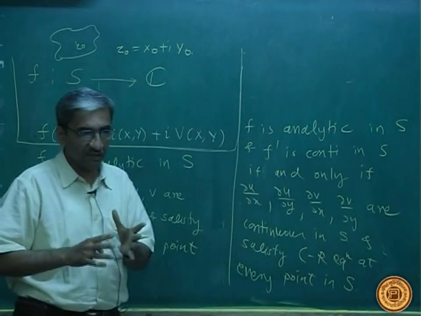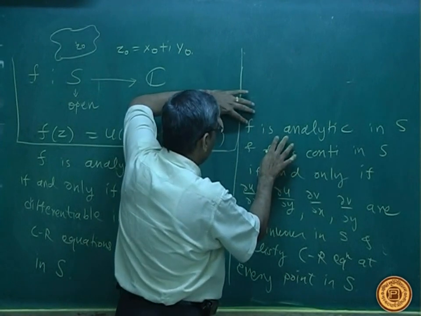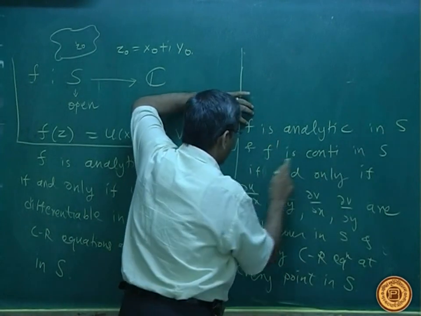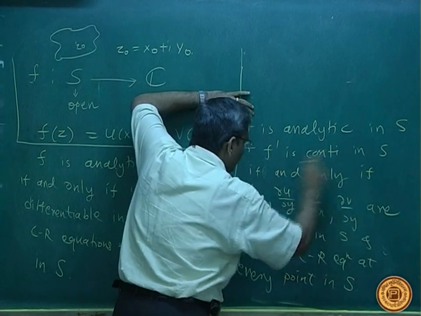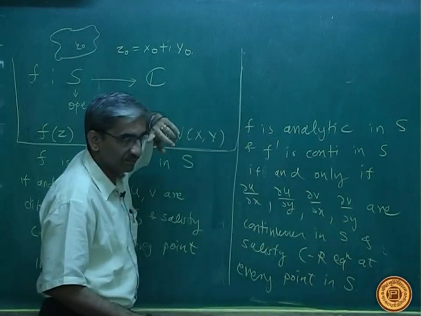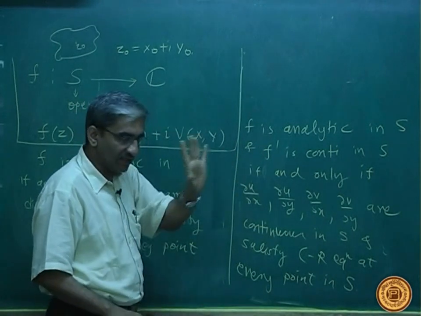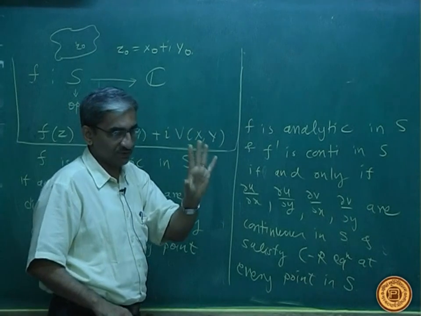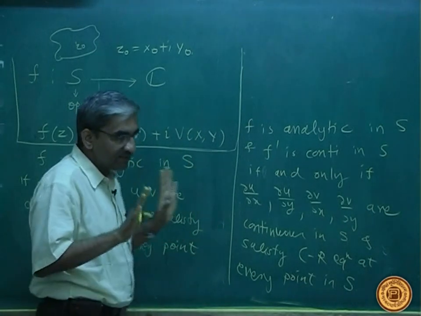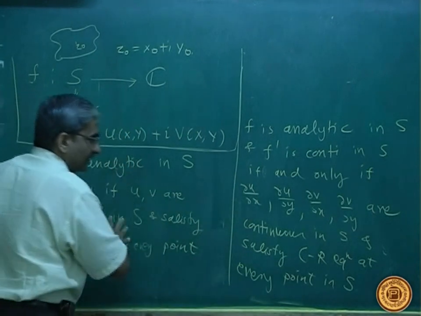So there is something amazing that happens, that if you have an analytic function in S, then this will automatically follow without anything additional actually. So the assumption of f dash continuous is as such superfluous. But at present, just to understand what is going on, I have written these two separate statements.